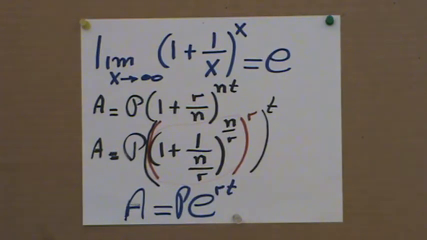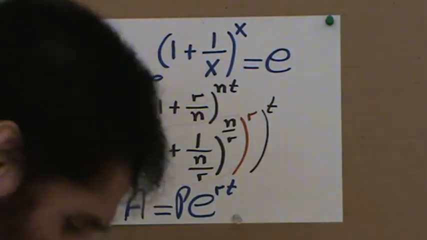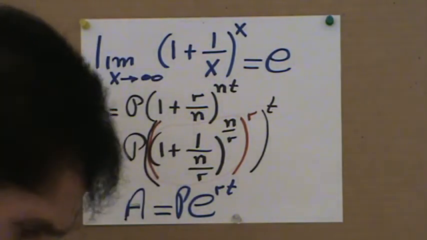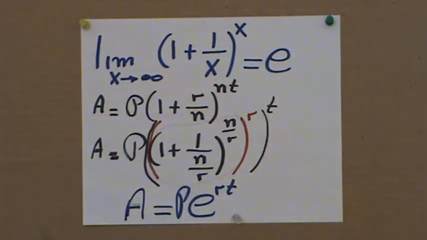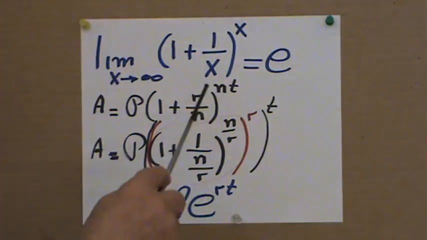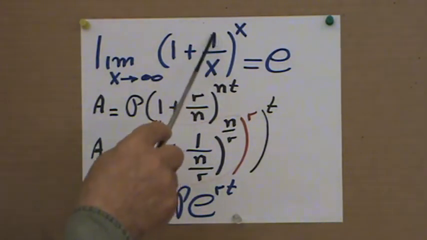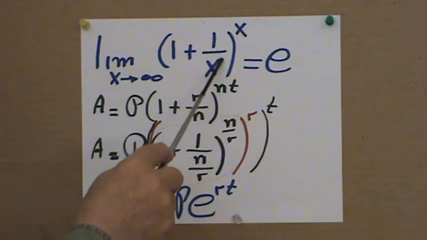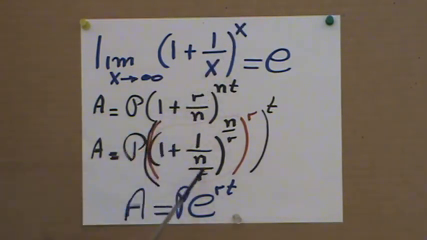Now look what happens. We end up with that formula that I just came up with. Now here you see that I have 1 plus 1 over x, and x. So 1 over this and this are the same.